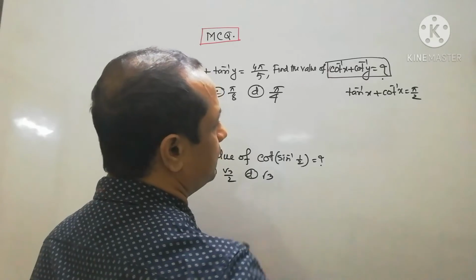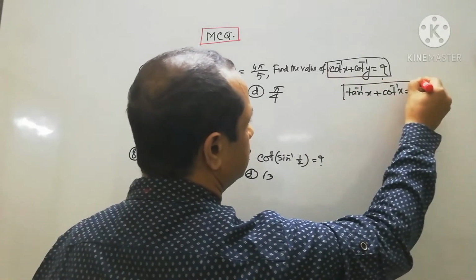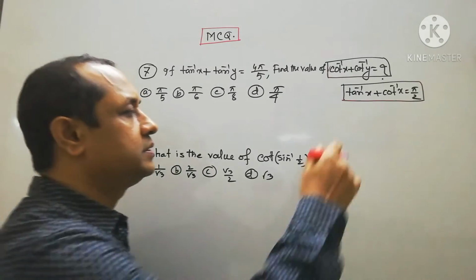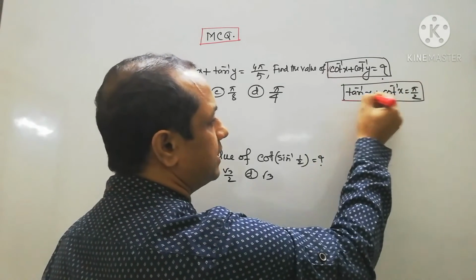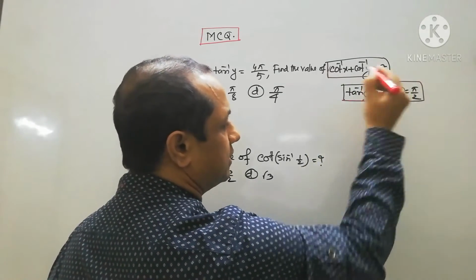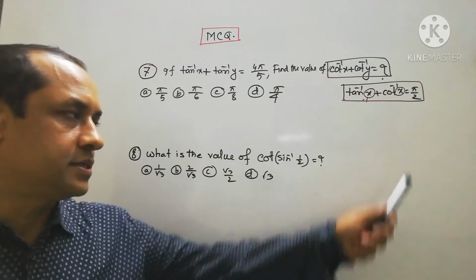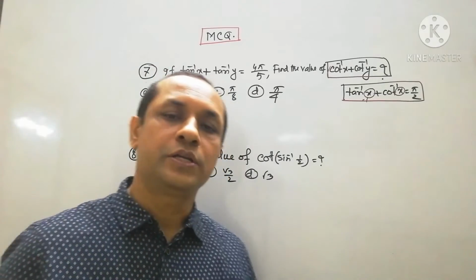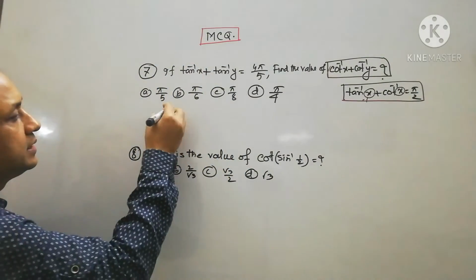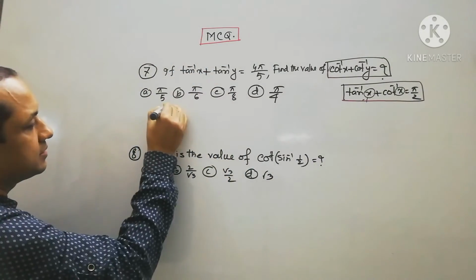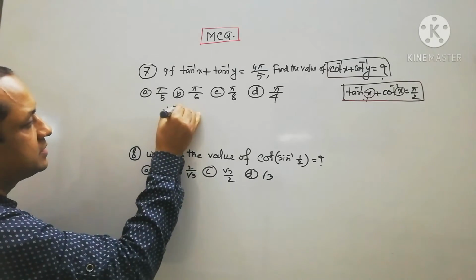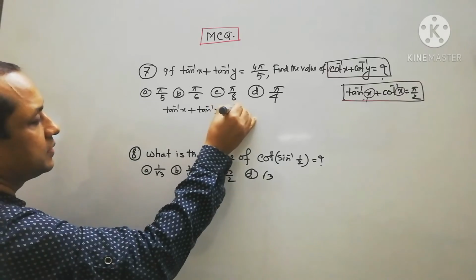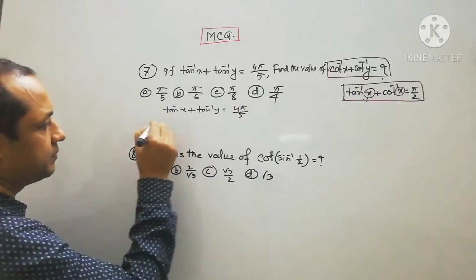Now using the formula tan inverse x plus cot inverse x equals pi by 2, the value of this is pi by 2. According to the question, tan inverse x plus tan inverse y equals 4 pi by 5.